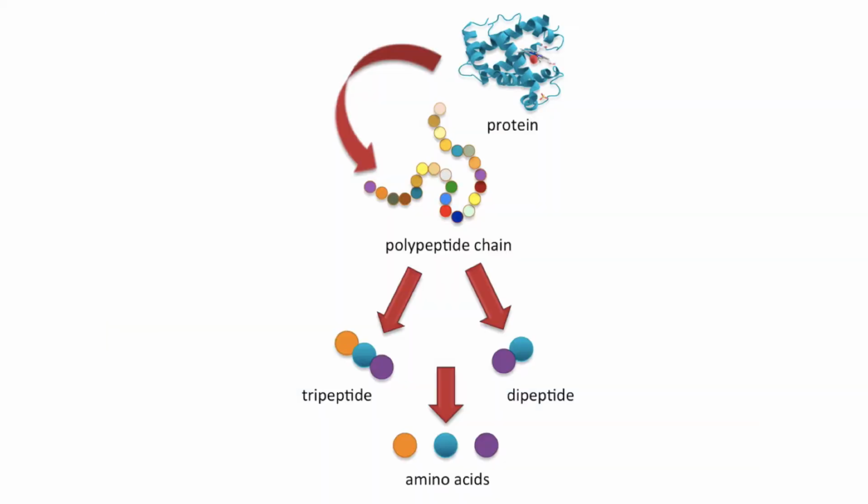If we take a protein and break it down, the first thing the body would do would be to unfold it, creating what's known as a polypeptide chain, which is the amino acid sequence. And then enzymes will break that down into tripeptides and dipeptides, which are merely a chain of 3 amino acids or 2 amino acids respectively. And then those can be further broken down into the monomeric amino acid subunits.